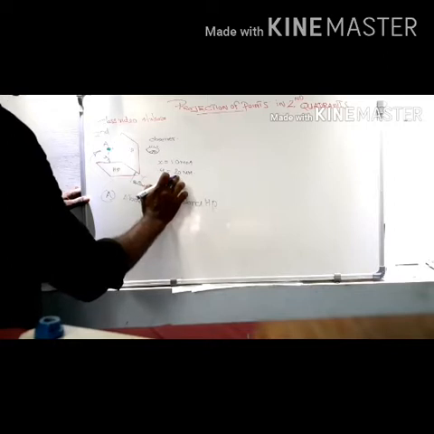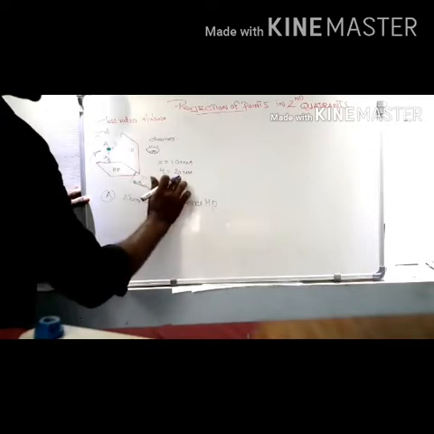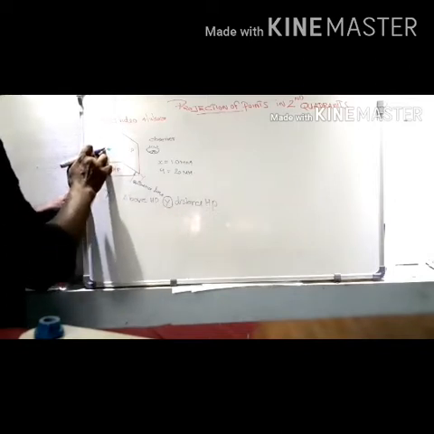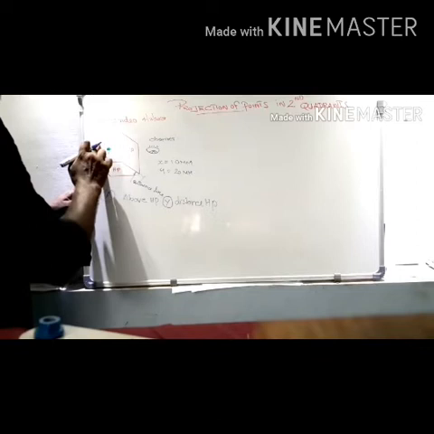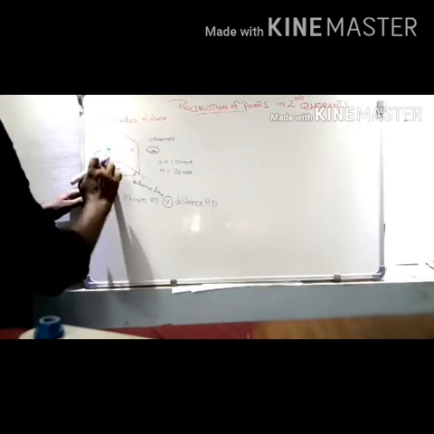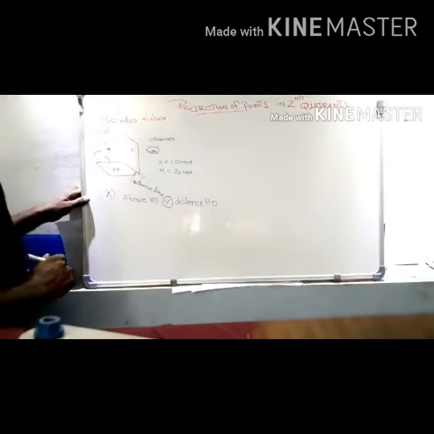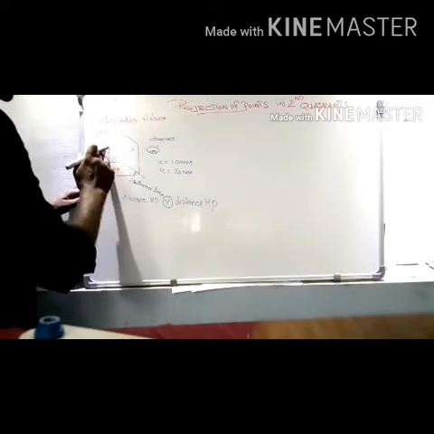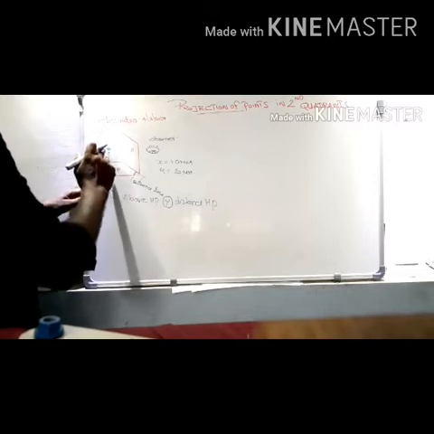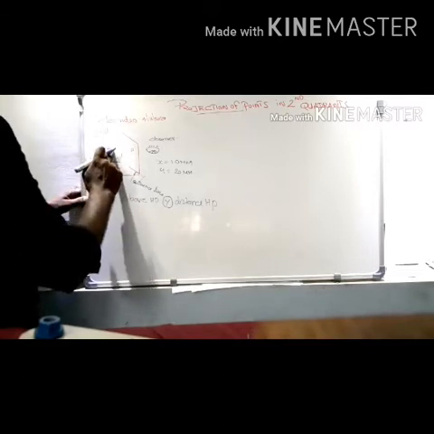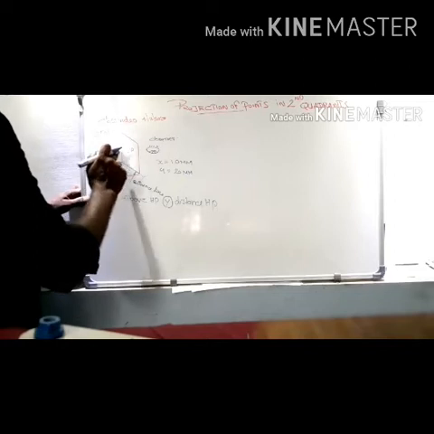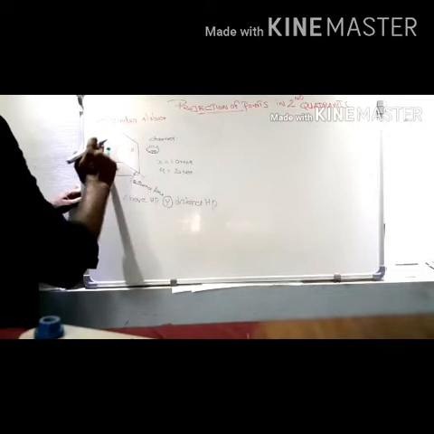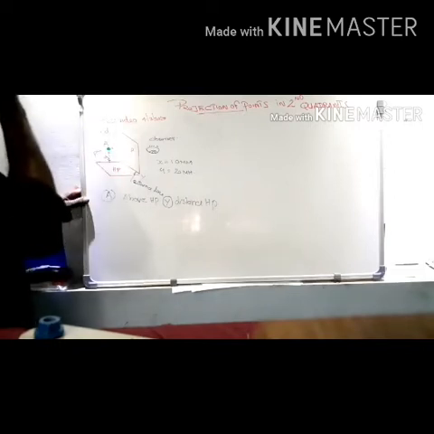What is the value of y? The value of y is equal to 20 millimeter. Then we can say that our point A is fixed in the second quadrant, 20 mm above HP. Similarly, our point A is 10 millimeter behind the vertical plane.